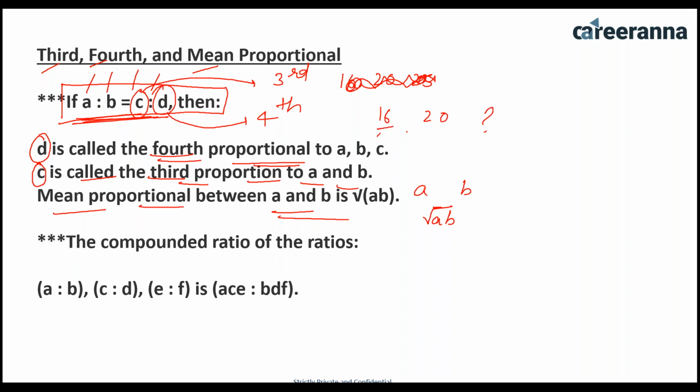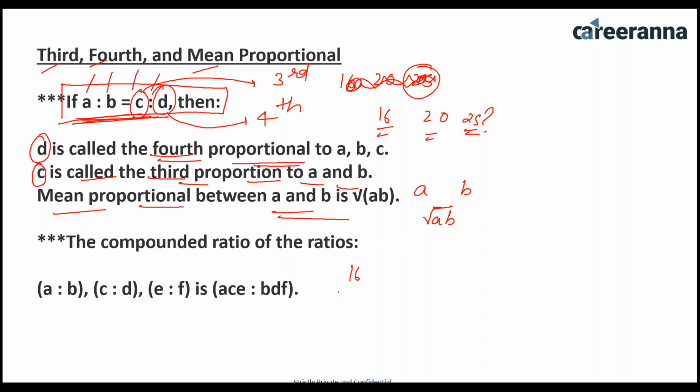What will be third proportional here? No, no. Okay, let me tell you how to find out third proportional. I gave you a hint as well. 25 will be third proportional here. Let me show you how. Very good, Shweta. Let me show you how to calculate third or fourth proportional.